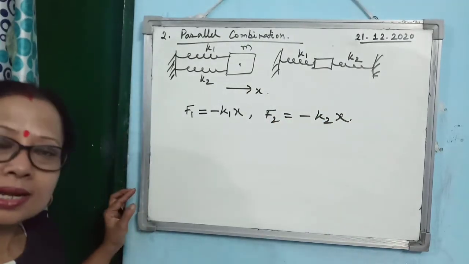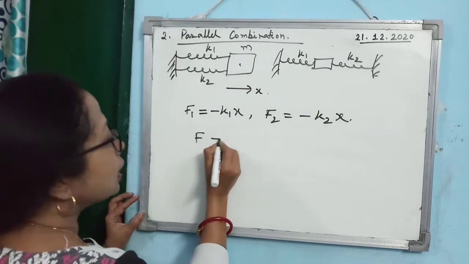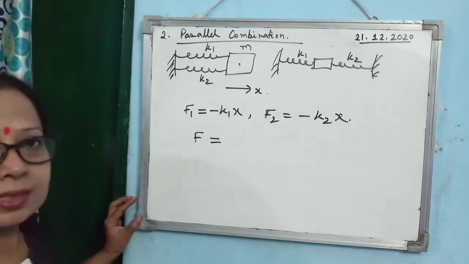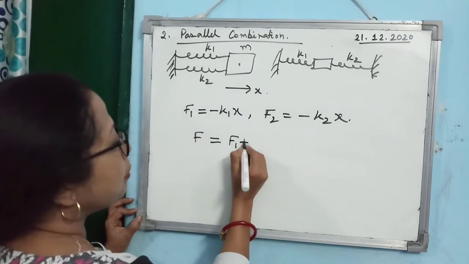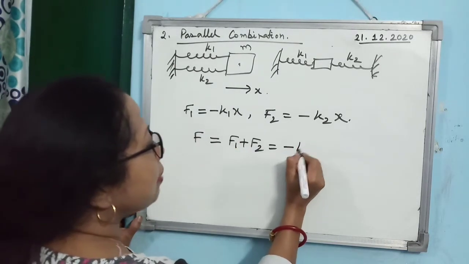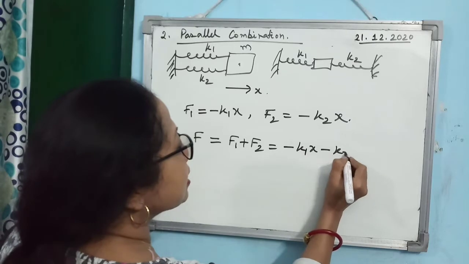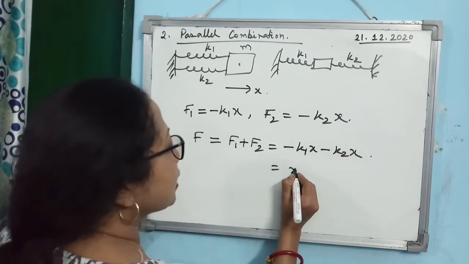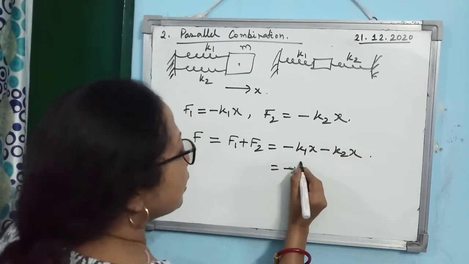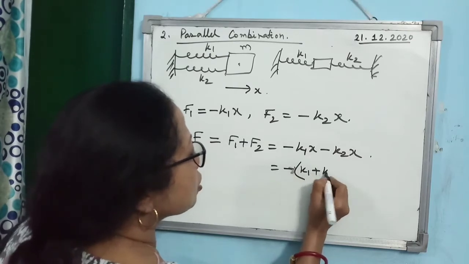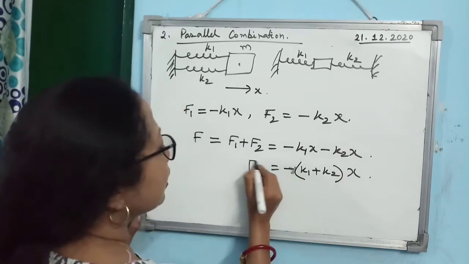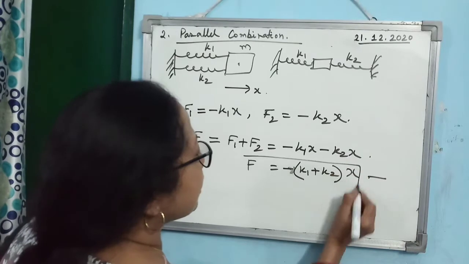Minus K2X. Is that clear? So what is the total force acting on the mass? It will be F1 plus F2, which means minus K1X minus K2X. You can take X common, minus also common, so minus (K1 plus K2) X. This is the relation you have got.